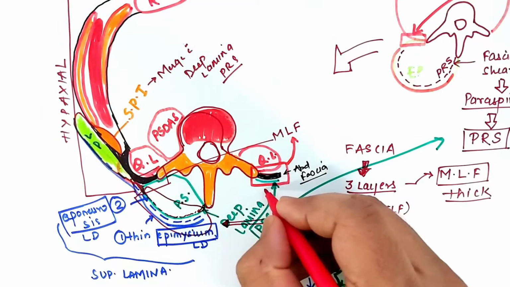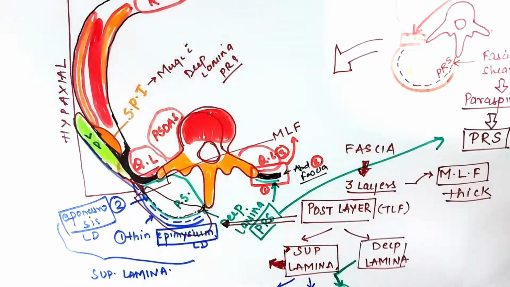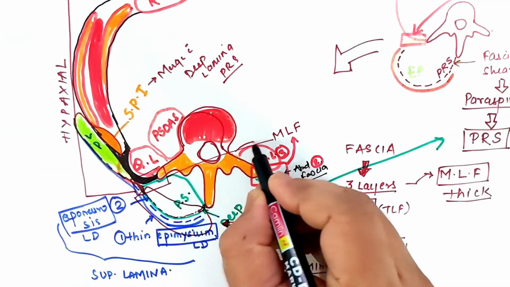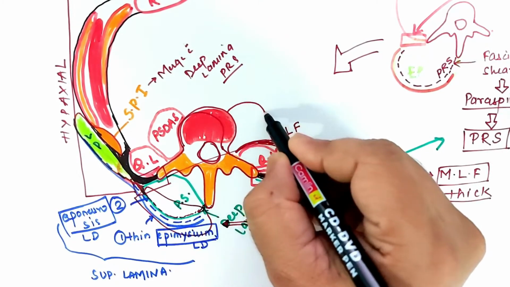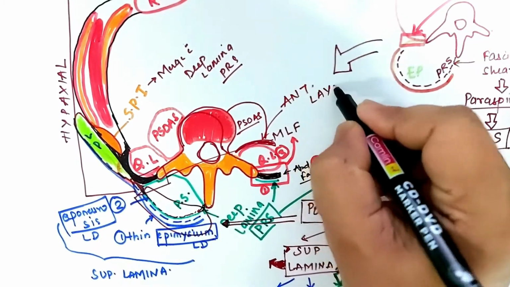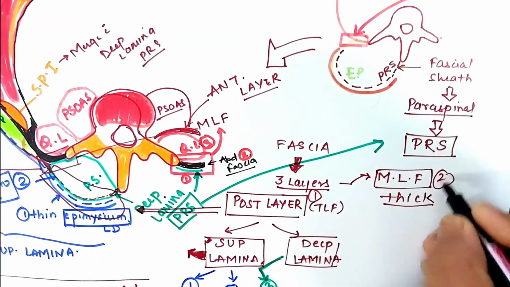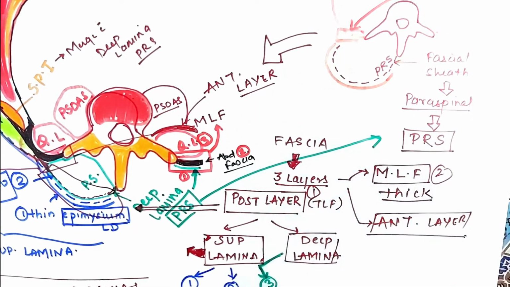So all three compose the middle layer of the fascia. However, the anterior layer is the investing fascia which covers the quadratus lumborum and the psoas muscle. So basically the thoracodorsal fascia has three layers: posterior, middle, and anterior.